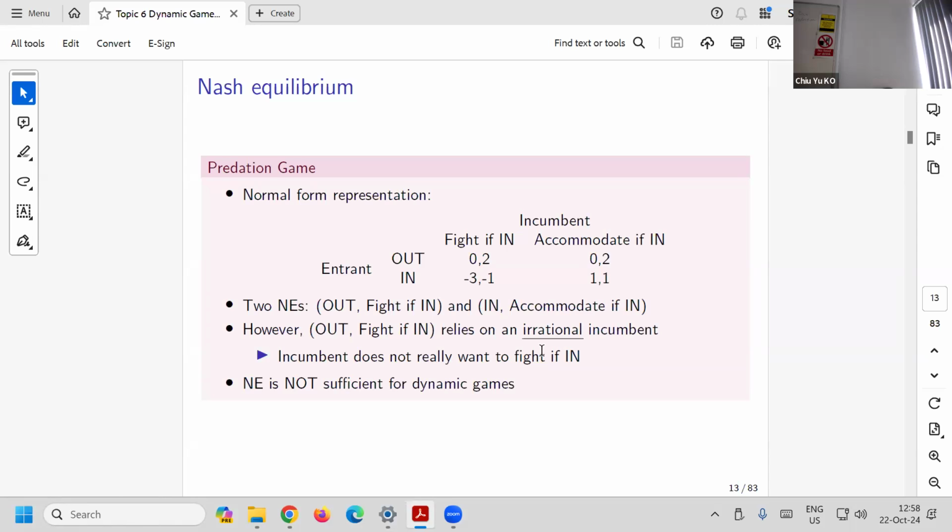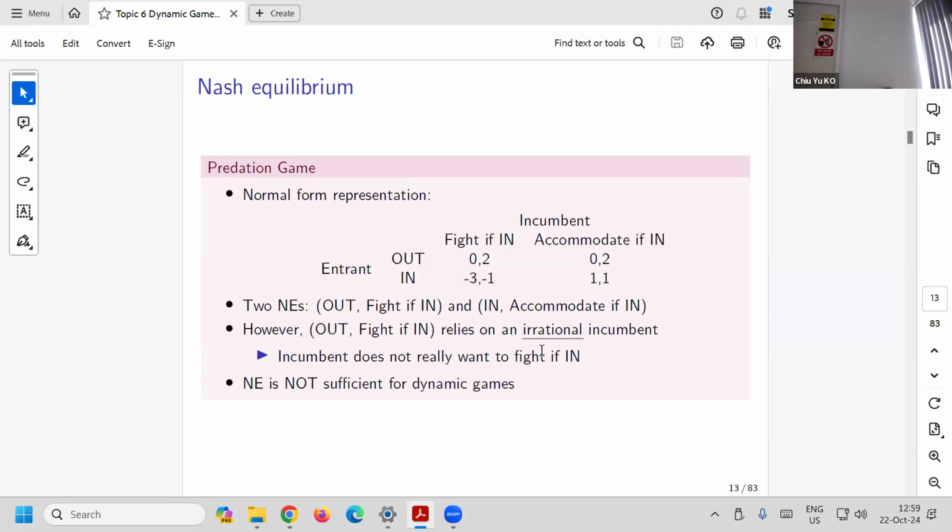Rather, he would try not to fight. He is just saying that if you come, I will fight you, so you don't come in equilibrium. It's just being crazy, it's not credible. It's not clear why this would work; it might be an empty threat.